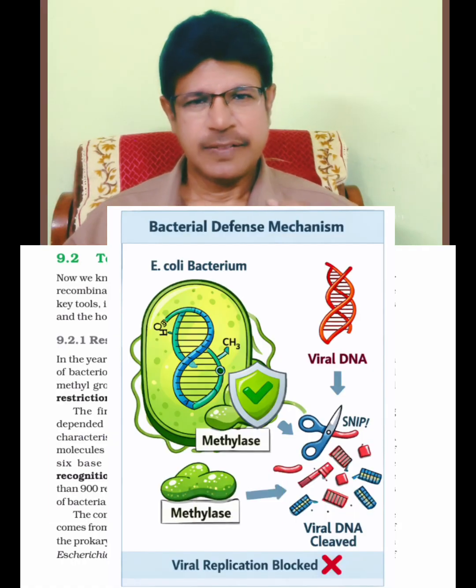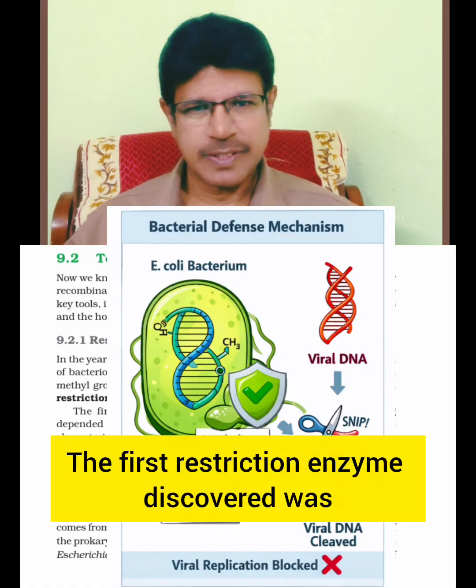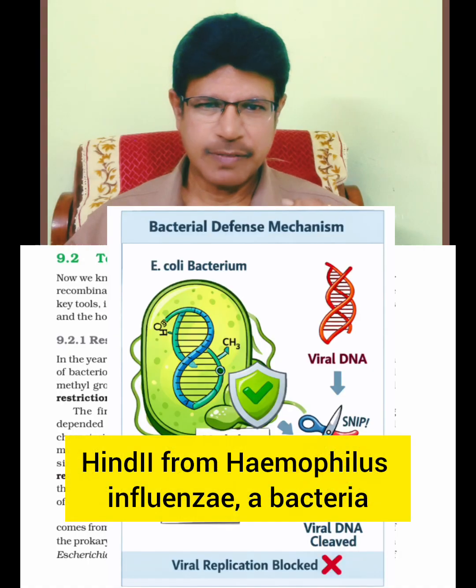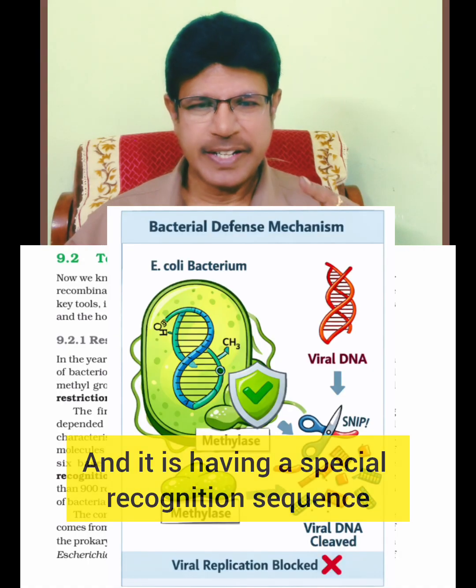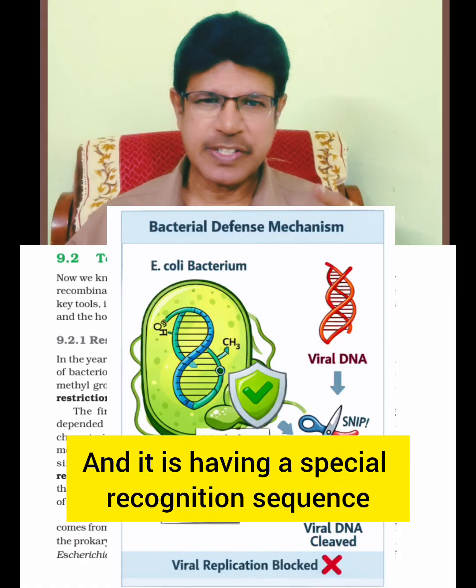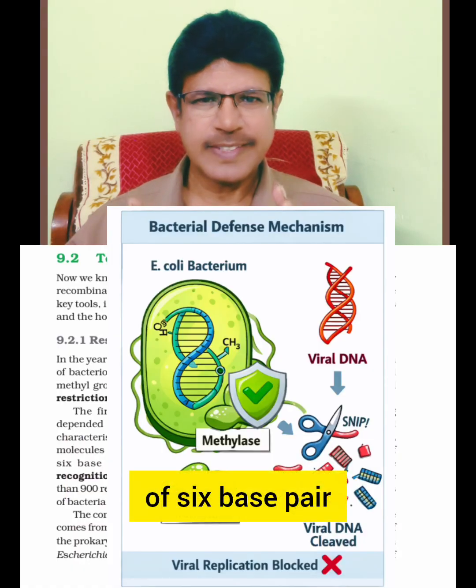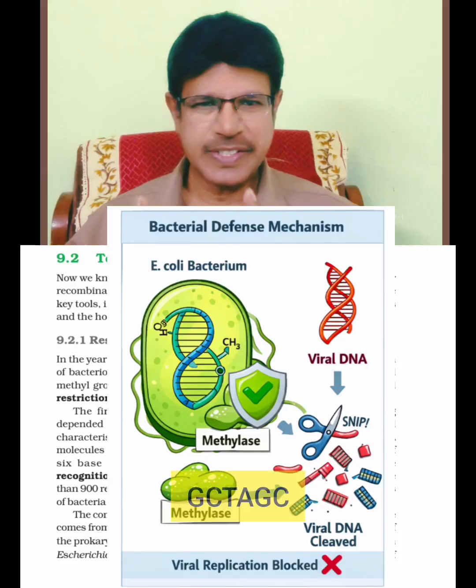Next, the first restriction enzyme discovered was HindII from Haemophilus influenzae, a bacterium, and it has a special recognition sequence of 6 base pairs, GTTAAC.